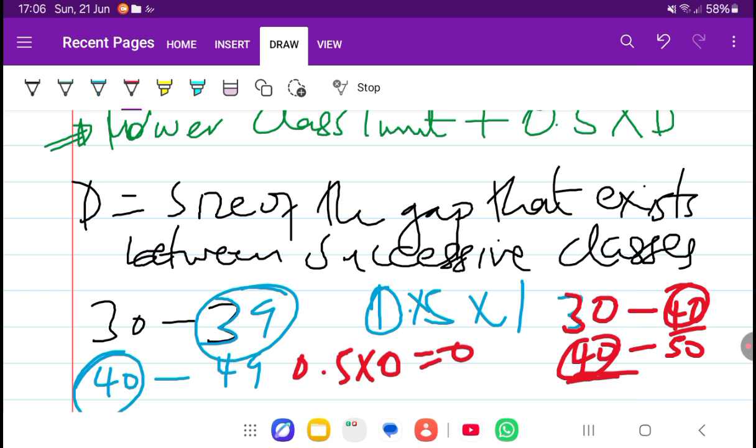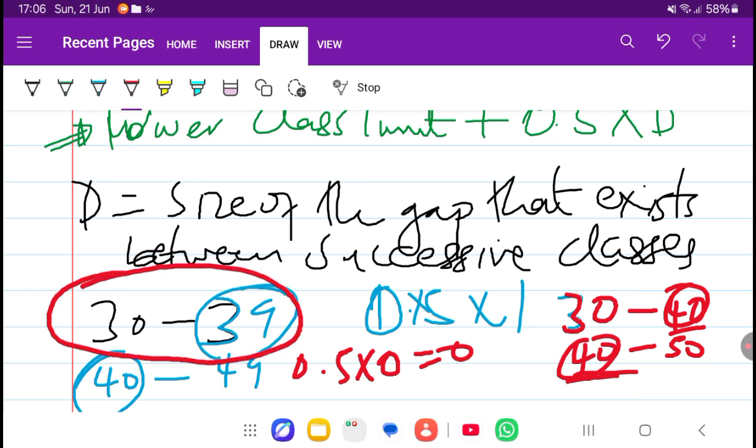So we shall understand how we do most of these things, but ideally, if the data entries are integers, we can subtract 0.5 from the lower limit to find the lower class boundary, and to find the upper class boundary, we just add 0.5, just like the way you are seeing it here, 30 to 39.